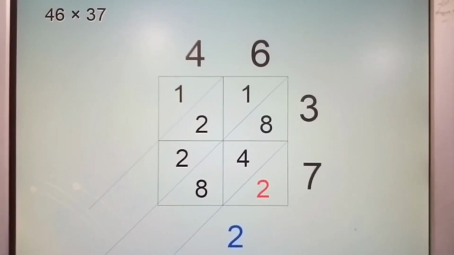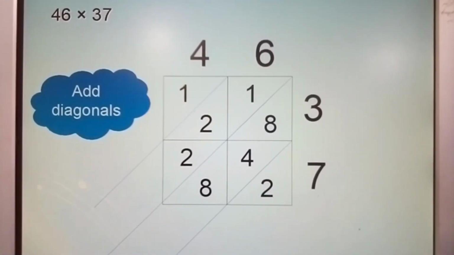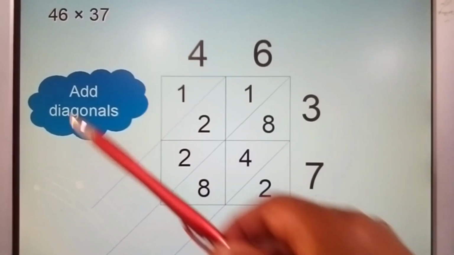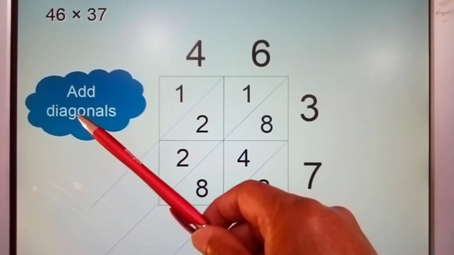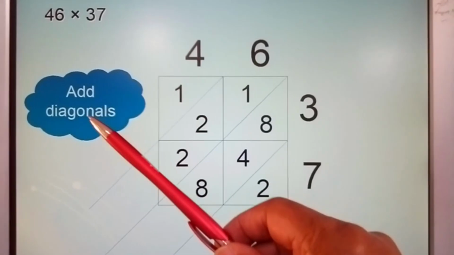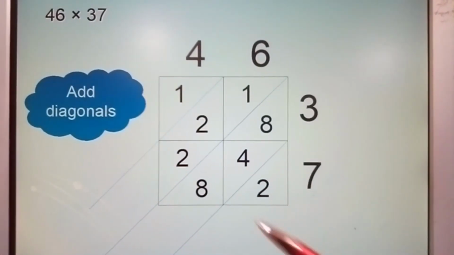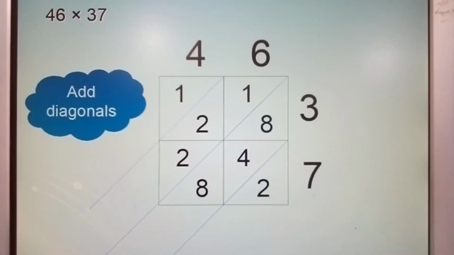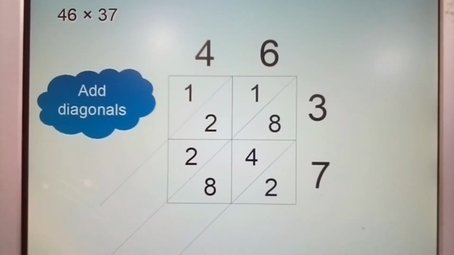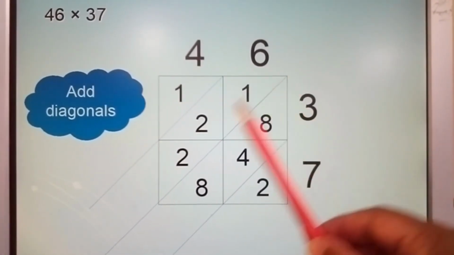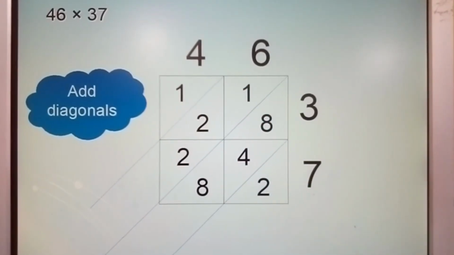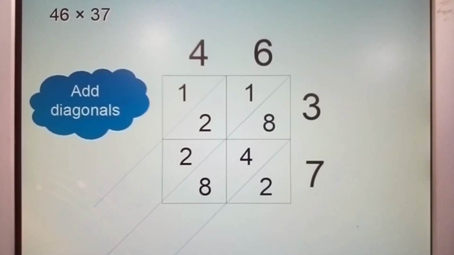Let me just go back a little bit, and it says here clearly add diagonals. Sorry. I'm going to get my tongue right in a minute. So that is all diagonals. We're looking at it from that sense.